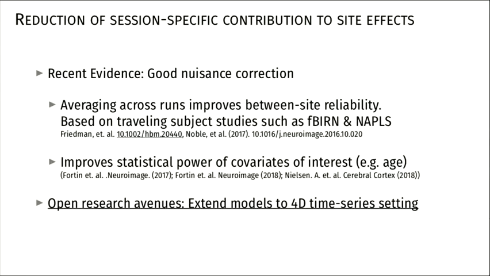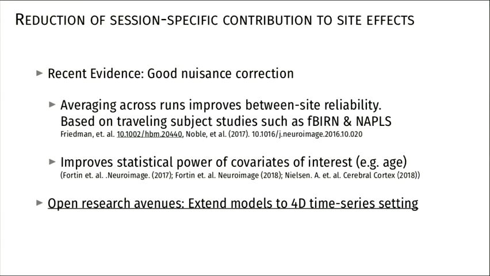I don't have time to go over them, but there's been recent work analyzing this kind of information, basically reducing session effects. When you average across sessions, you get better between-site reliability, which is telling you that site-specific nuisance variation is a contributing problem.